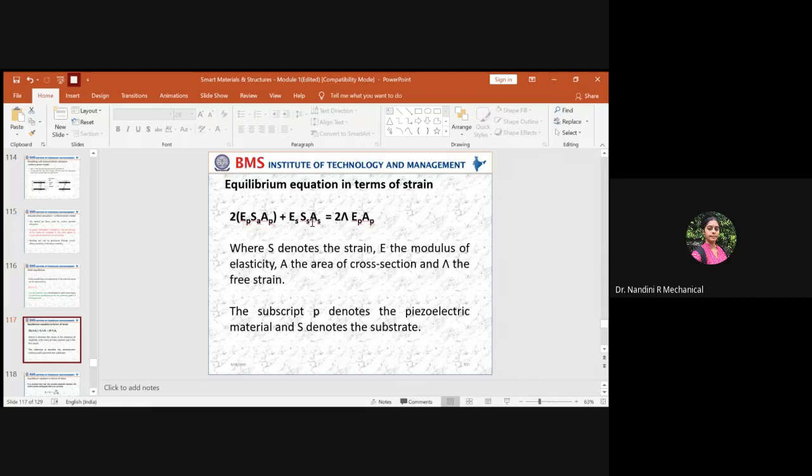So that we have to put in. Right. So here again you will write twice the elastic modulus of the piezo element and the strain of the piezo element plus the, okay, in this case we are speaking with respect to the piezo patch, so it will be the area.